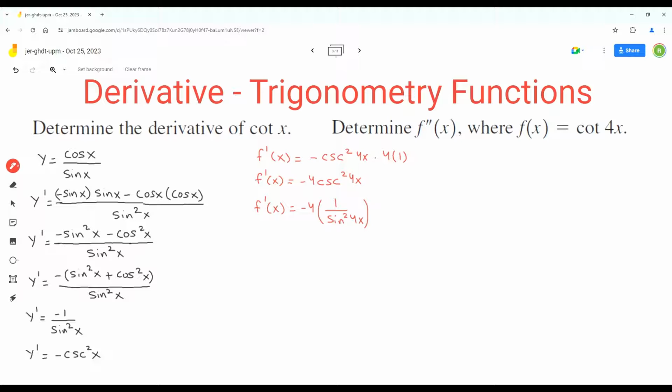Now there is a square on sine, so we can also rewrite this sine term as sine 4x and then put the square on the whole term. We change it to this form because this will make it easy to find the derivative of this term. Now we can move the sine term to the numerator and that will make its exponent negative.